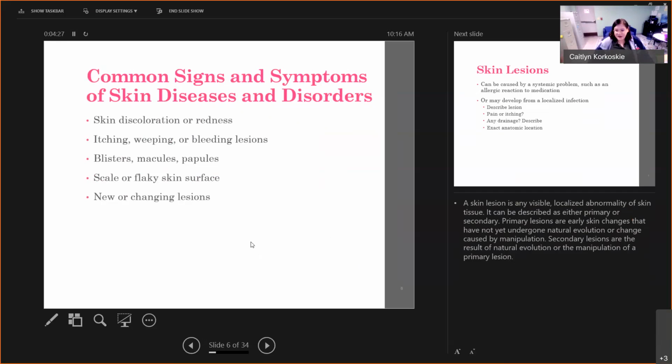We'll go over what the different types of lesions are as well. But they might also see some scaly or flaky skin or any changing skin lesions. So they might notice a new mole or a new area on their skin that is changing over time, which they want to get checked out right away.